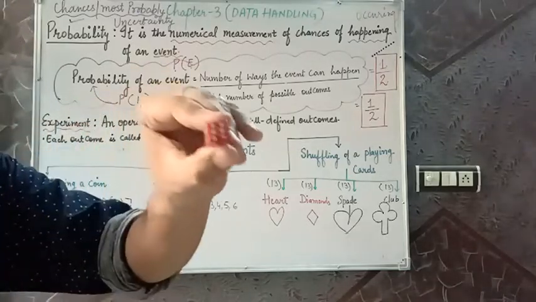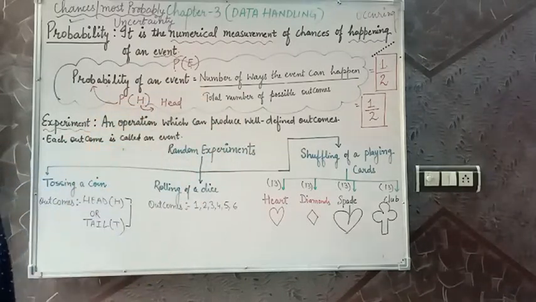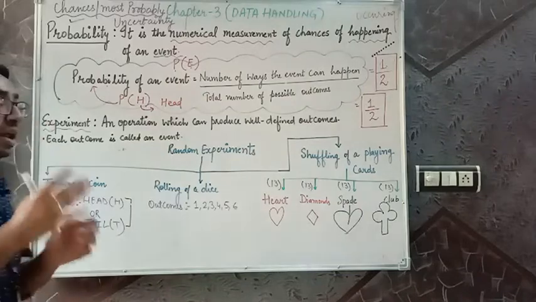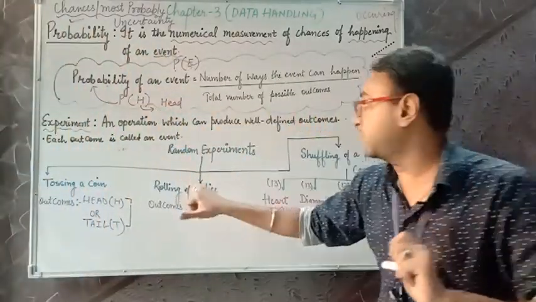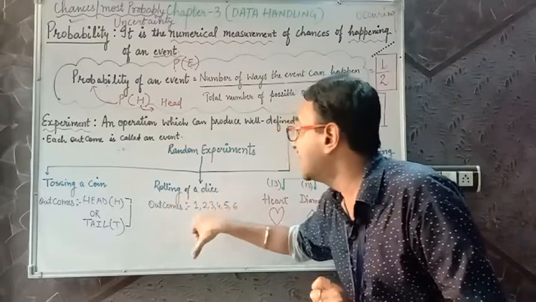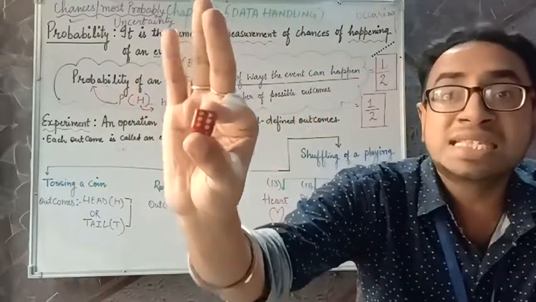Let me search. 6. So how many faces? 6. 1, 2, 3, 4, 5 and 6. So the possible outcomes in case of rolling a dice are 6. Clear with this? This is a dice having 6 faces.